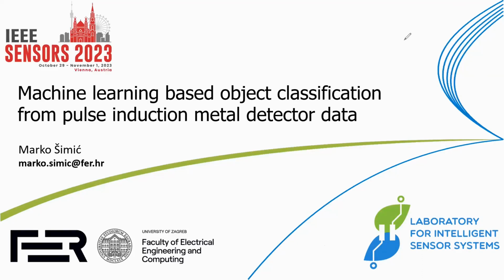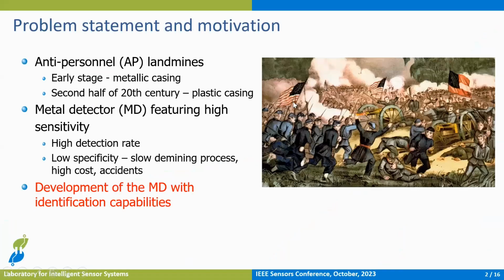So let's start with the problem and motivation for my research. Anti-personnel landmines are explosive devices first used in the American Civil War in the 19th century.